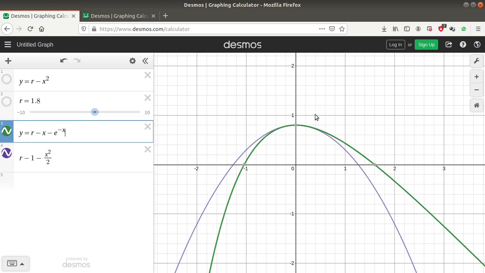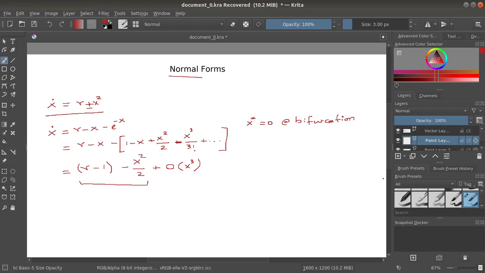So locally, if the system is having a saddle node bifurcation, then we will see that the system behaves in this manner. Okay, fine. Let's show that this is true not just for this function but in general.